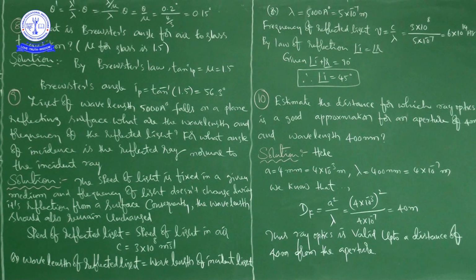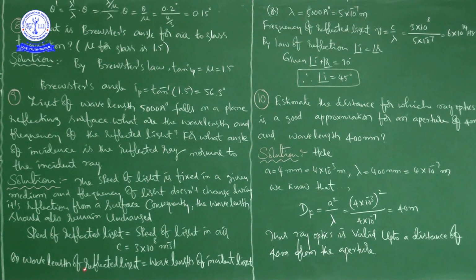Next, frequency of reflected light. Nu is equal to C by lambda. We want to find the frequency of reflected light. We have to substitute the values and then finally we will get 6 into 10 to the power of 14 hertz. If you see the question, what he is expecting from us is the wavelength and frequency of reflected light, right?